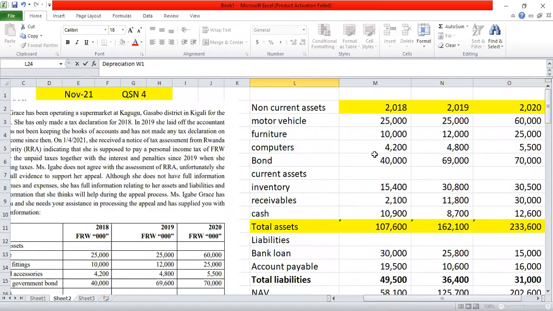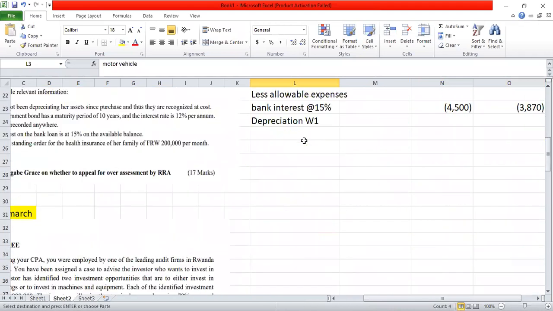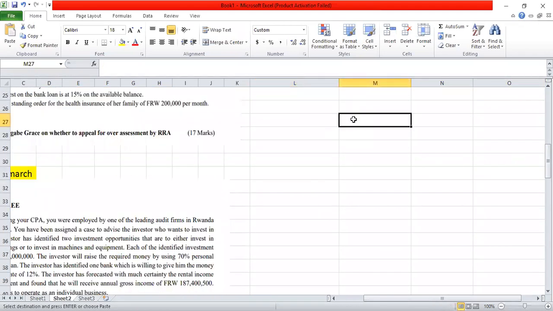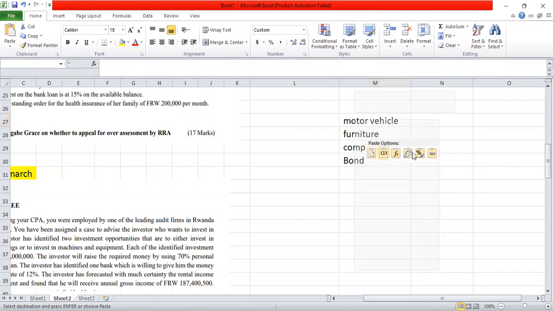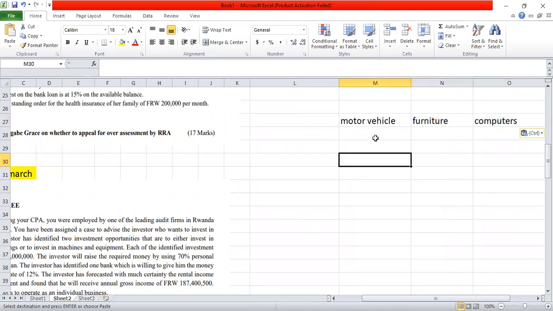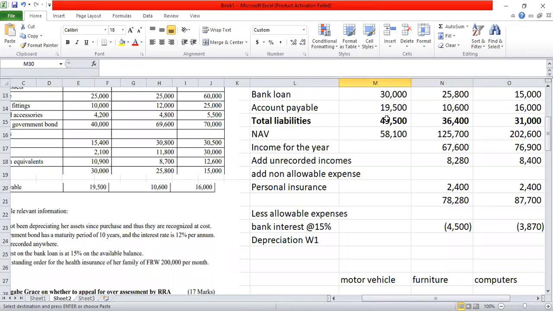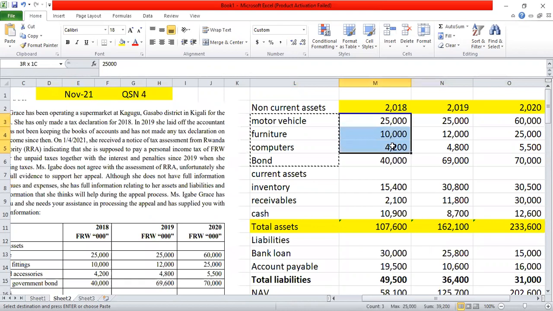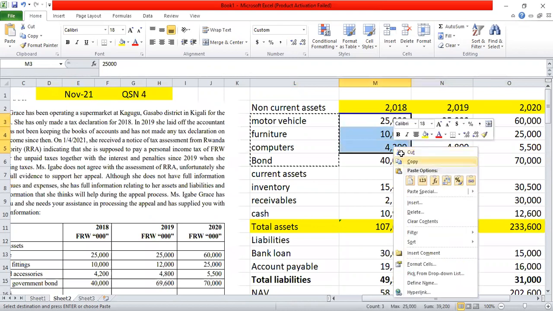Our assets, I think we only have three assets we need to depreciate. And these are the costs in 2018.